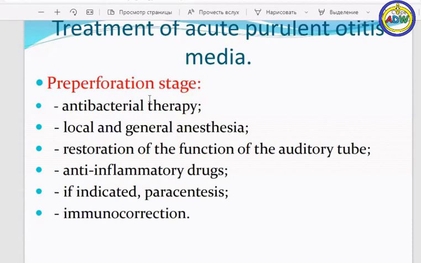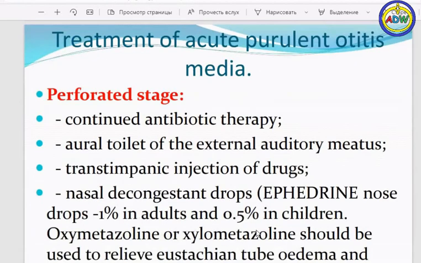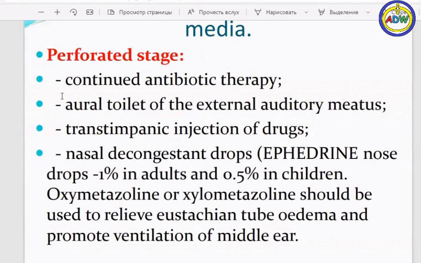For example, in the stages before perforation, we use antibacterial therapy, local and general anesthesia, restoration of the functions of the auditory tube, meaning nasal drops, anti-inflammatory drugs if indicated, and paracentesis, because we can use the incision to decrease the pressure, and immunocorrection.